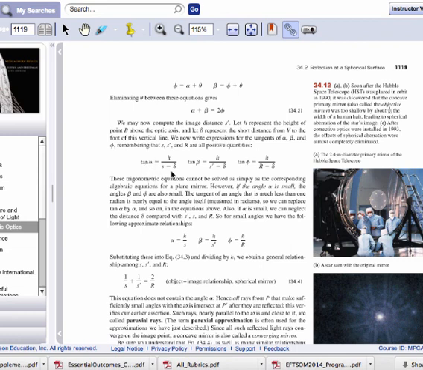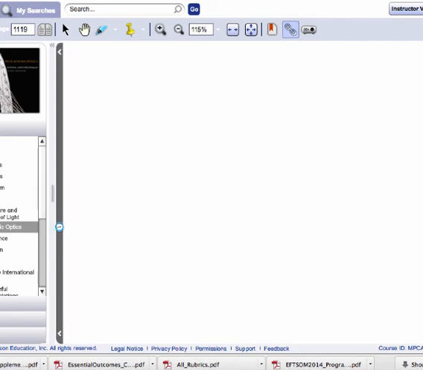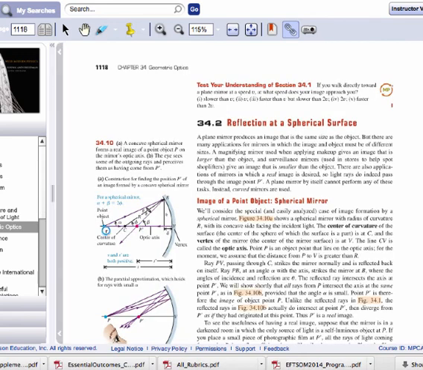But it turns out that the image location, S and S prime, will vary because of that alpha. So it depends on the angle that the ray comes in. If I look back here, for a particular alpha, this point P prime might move around. And this is why a spherical mirror isn't a great optical system by itself.